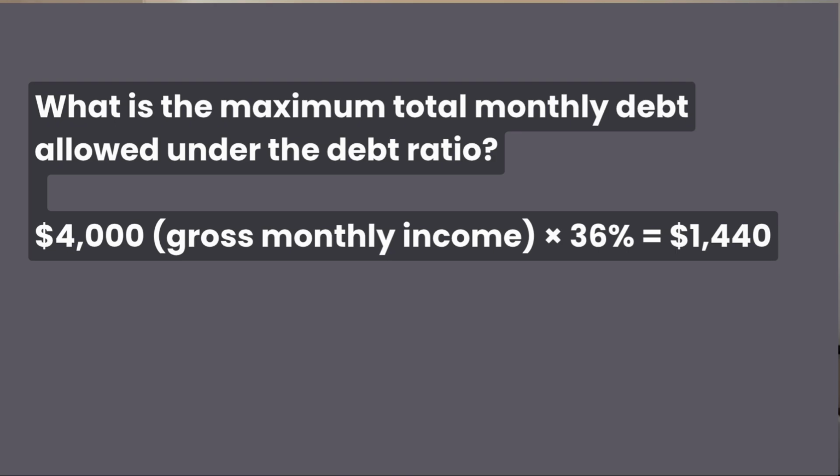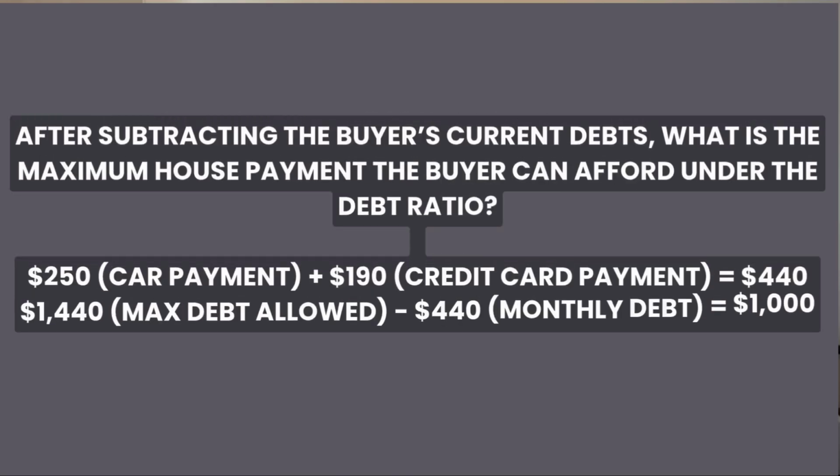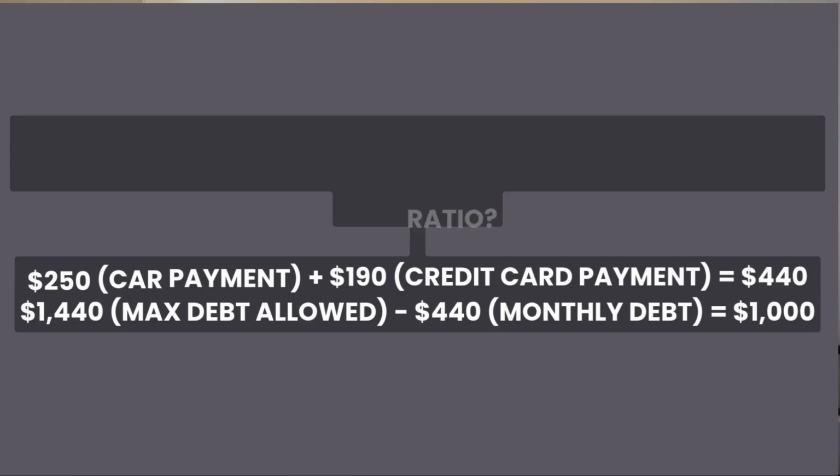After subtracting the buyer's current debt, which is the maximum house payment the buyer can afford under the debt ratio, so we have the $250 car payment, the $190 credit card payment, that gives us $440. Then we take the $1,440, that's the max debt allowed, minus the $440 monthly debt, that gives us $1,000.